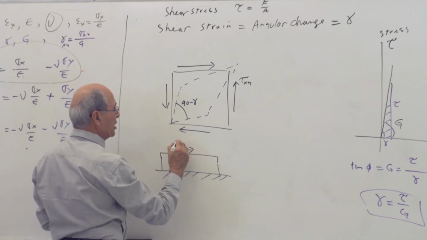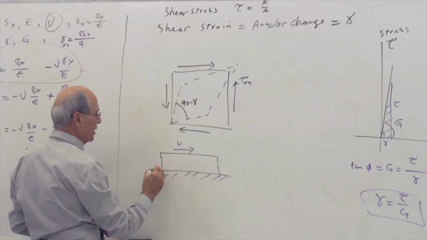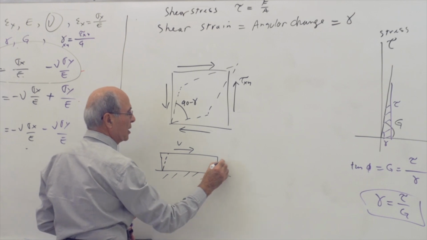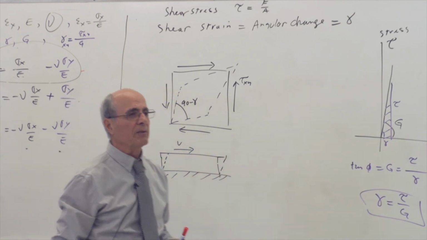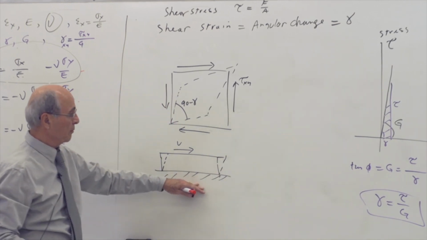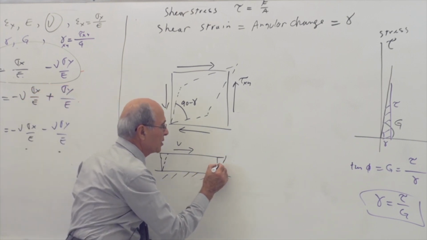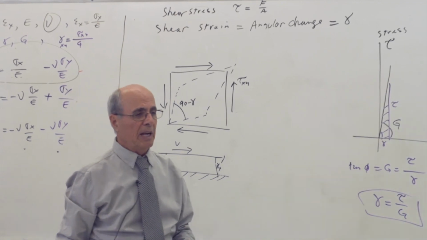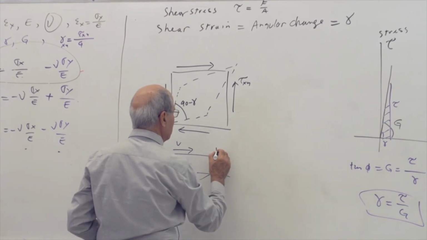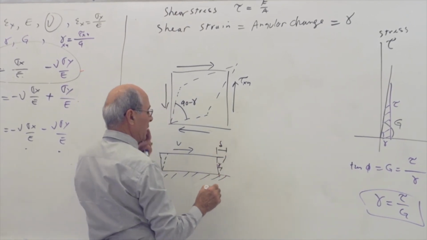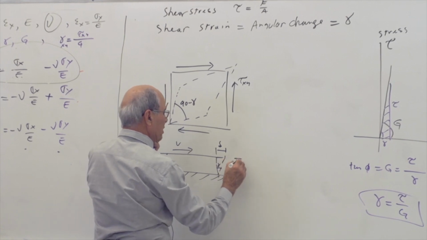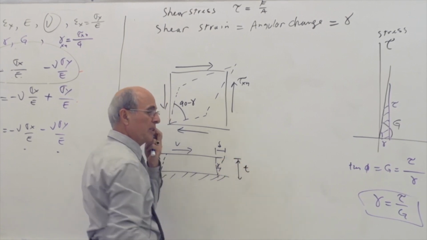Let's say I applied a shear force on top of that one, so it's going to end up something like that. Is that correct or not? The bottom part is fixed to the floor, and the top part is moving there. This is your gamma. Please write it down. This distance from here to here we call delta, and this distance we call t, or the thickness.